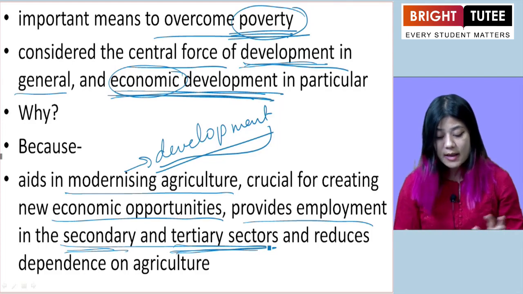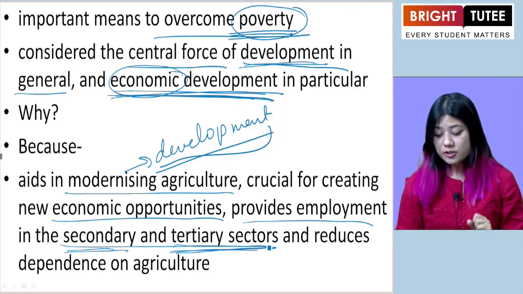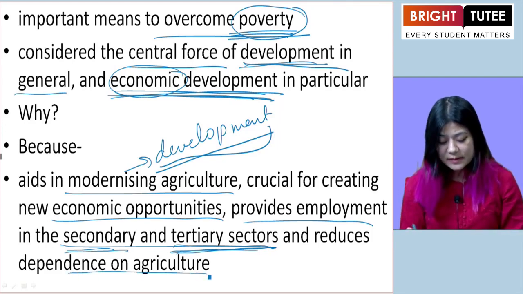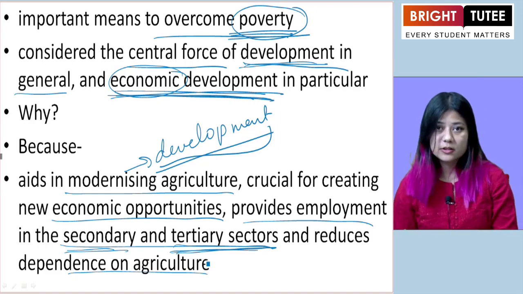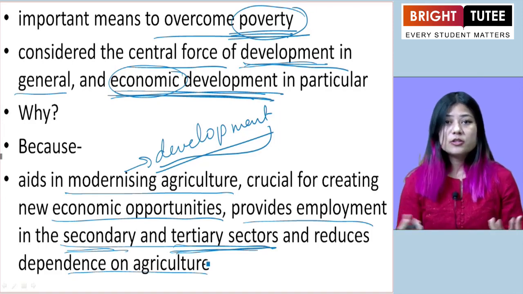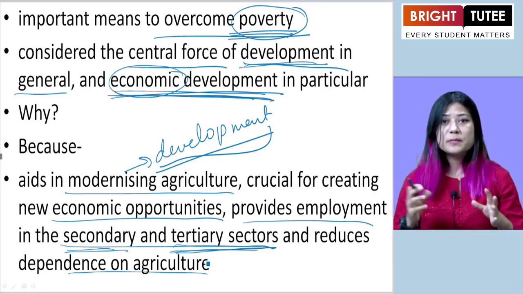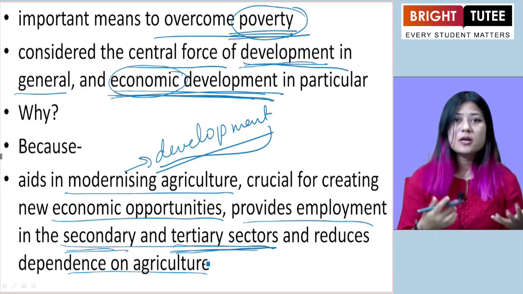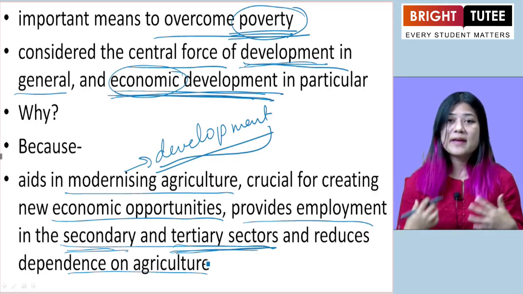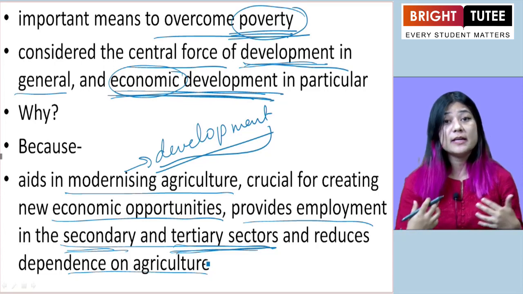And overall, the manufacturing industries help reduce people's dependence on agriculture. India is an agricultural country where the majority of people are engaged in agricultural activities, which means a large number of people depend on agriculture for their livelihood.